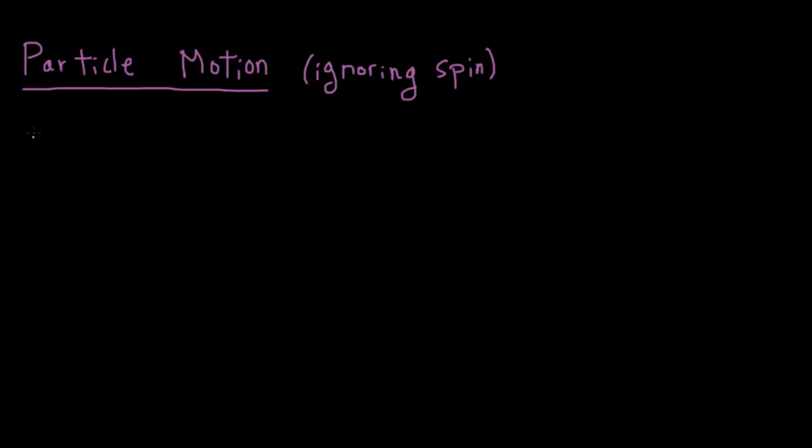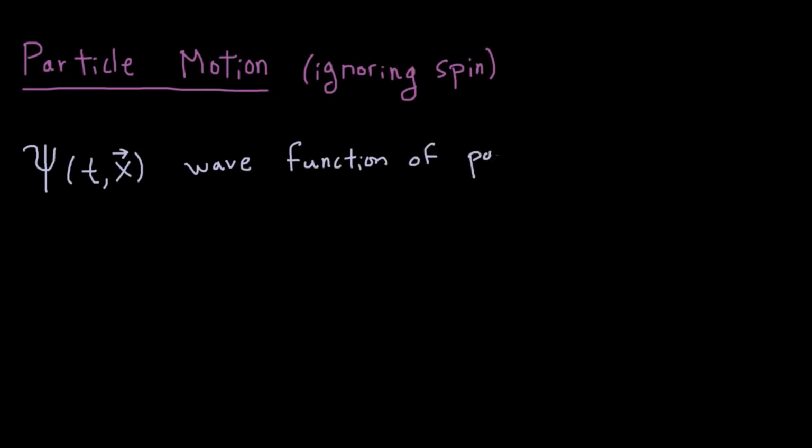So, when we want to talk about a particle moving through space, we use something called its wave function, right? So here I'm writing psi of t and x. This is called the wave function of the particle.